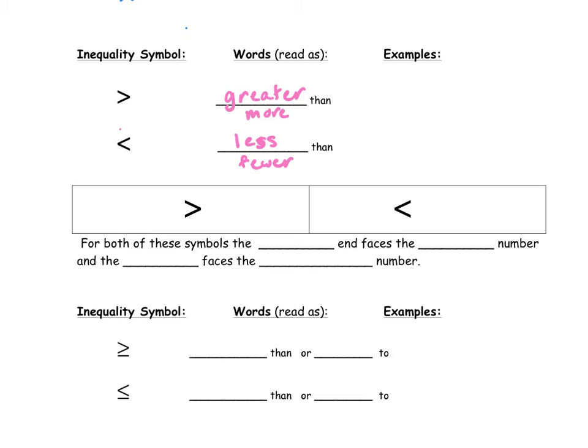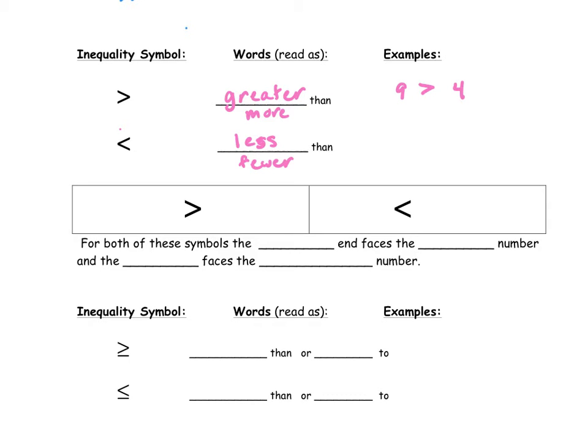So when we read these, for instance, if I have the greater than symbol, whatever number or value I run into first on the left side has to be larger than whatever is on the right side. And so an example of this would be 9 is greater than 4.